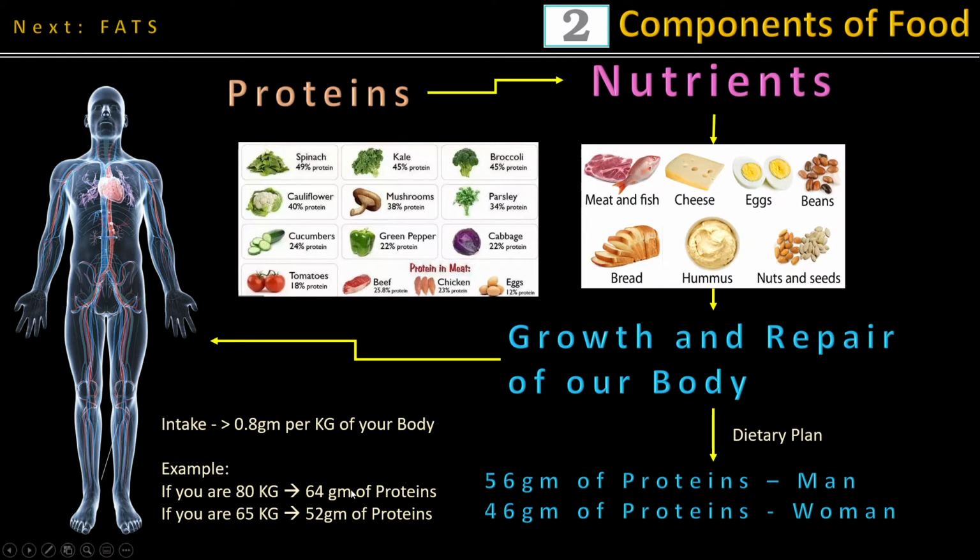Another calculation, if you are 65 kg, then you need to consume 52 grams of protein. This is how protein helps our body. There is still more information on protein, and as and when we go to higher studies, we will try to understand more about protein. Now let's go to fat.